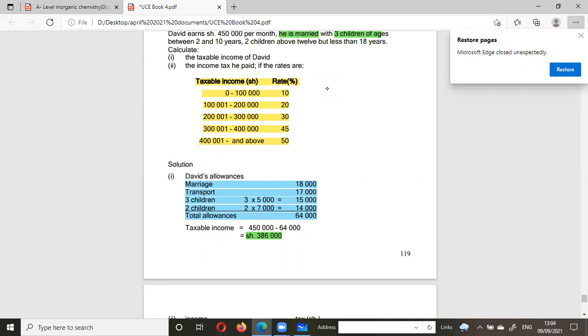But I have a question. What is our taxable income that we got? It was 386. Does it reach 400? No. So that means we shall not reach 400.